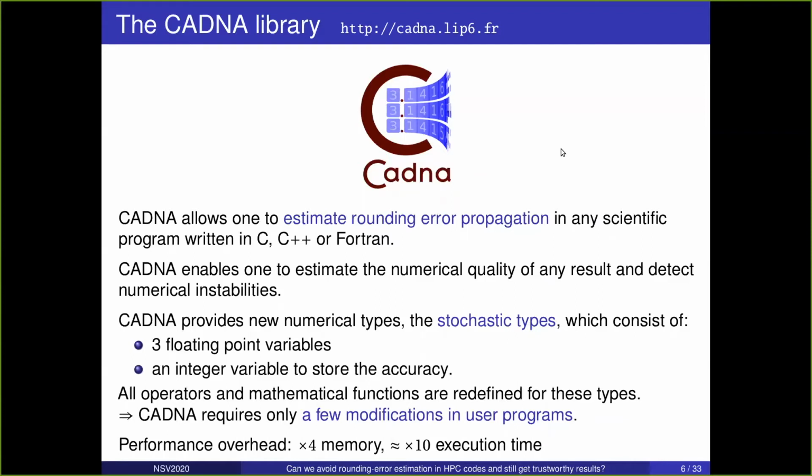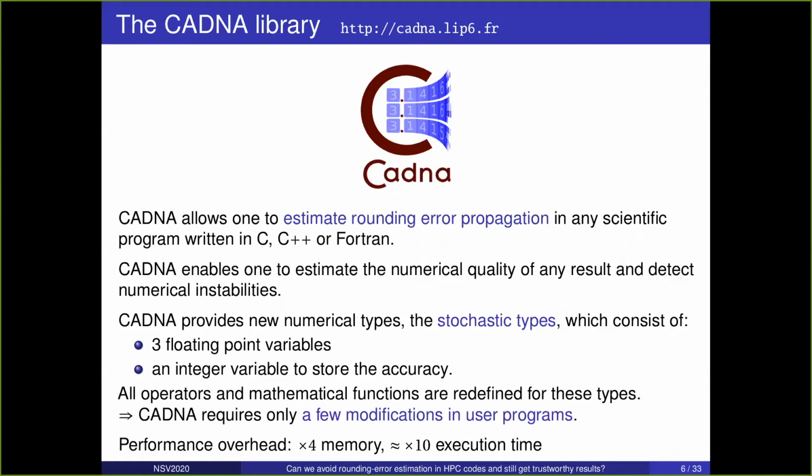CADNA actually provides new numerical types, which are called the stochastic types, and they consist of 3 floating point variables and 1 integer to store the accuracy. And all operators, all mathematical functions are redefined for these types. So CADNA actually requires only a few modifications in user programs.